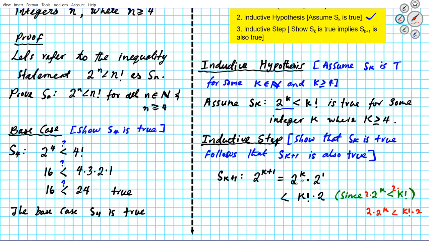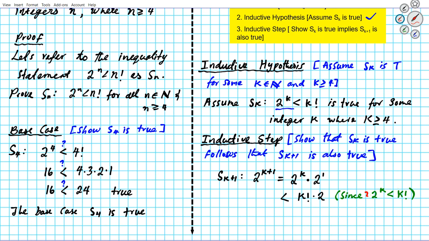Since 2 to the k plus 1 is equal to 2 to the k times 2, we can make the substitution. We know for sure that 2 to the k plus 1 is less than k factorial times 2, because these two are exactly the same.